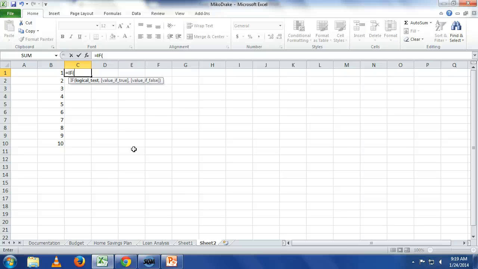So if B1 is greater than 5, what immediately comes after this, and because it's text I want to put in here, I'm going to use double quotes. I'm going to write in large or big or whatever you'd like to do, comma, and then this is the condition I do when it's false.